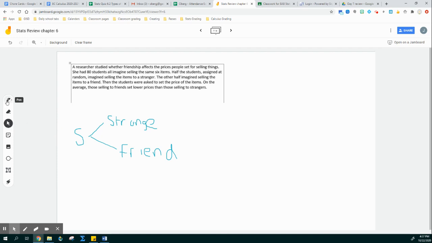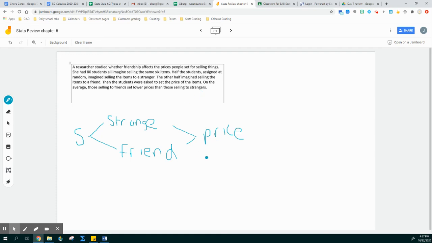And then we're going to compare the price. So the response variable is the price. The explanatory variable is who we're selling to. The students were asked to set the price of the item. On average, those selling to friends set lower prices than those selling to strangers.